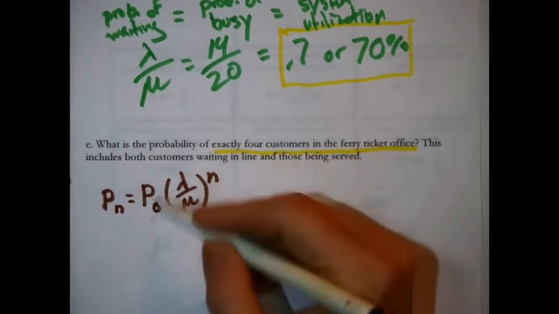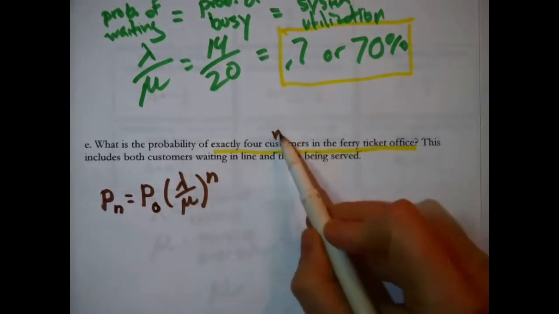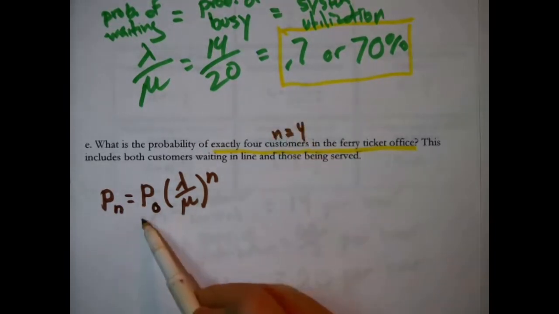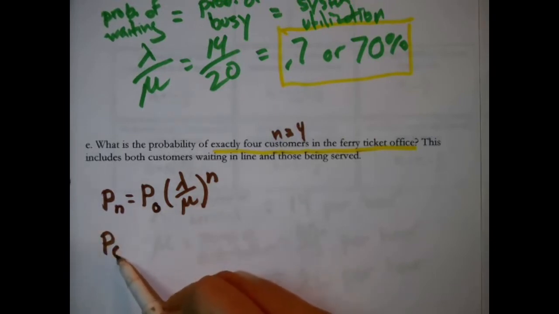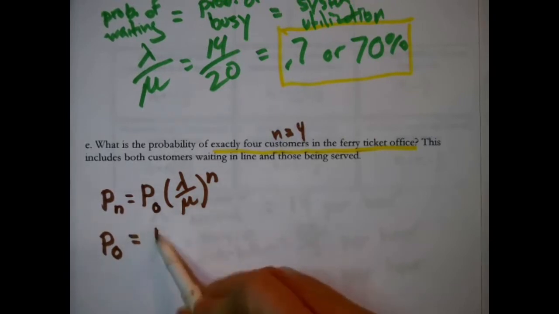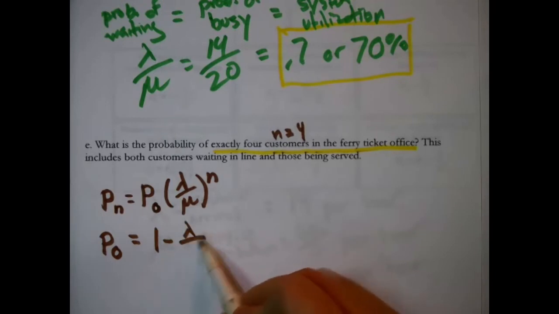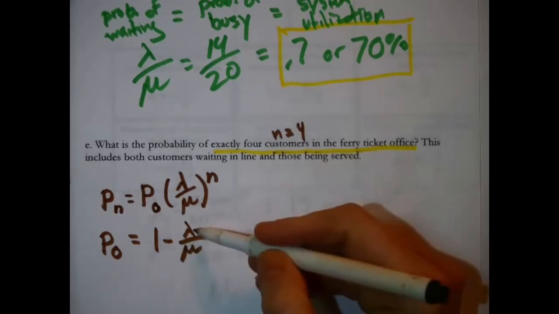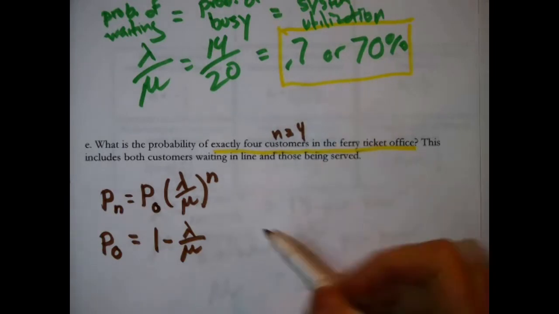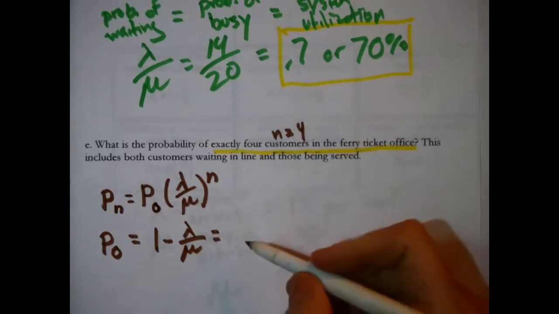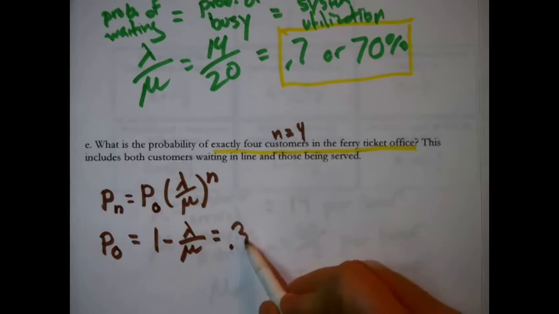Oh, now wait a minute. If we're going to figure it out for n equals 4, we need this. What's this? Oh, that's another formula. The probability that there's nobody in the system is, and you can find it on the formula sheet, 1 minus lambda over mu. It's actually the opposite of that right there. So the probability that nobody's in the system is 0.3.